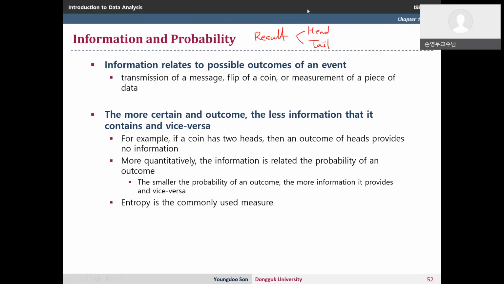Information actually means this result. If we tell someone that the result of flipping a coin is head, then we give the information to the other, and the other person who heard this has got the information. So the information is related to the result of this event.